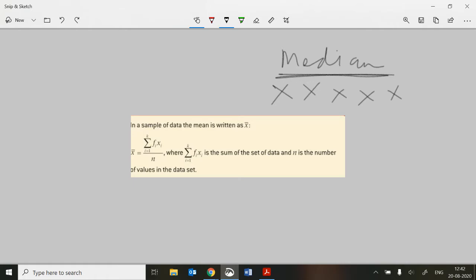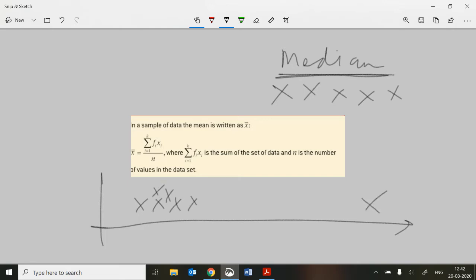Okay, so that's kind of nice actually. The median is good because, if, say, for example, you're interested in finding out how much the average wage is in a company, and you find out that, on a scale for X, you've got lots of people who are not earning a great deal, and then you've got one CEO who's earning way more than everyone else, then this guy's an outlier.